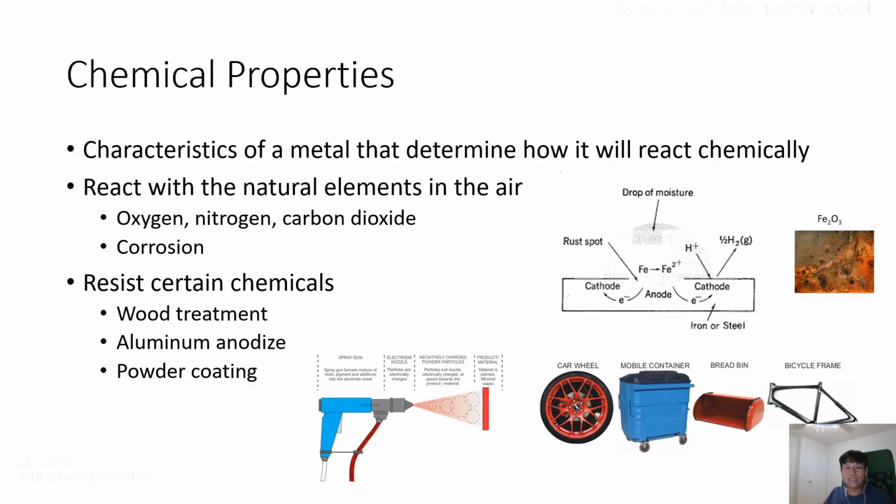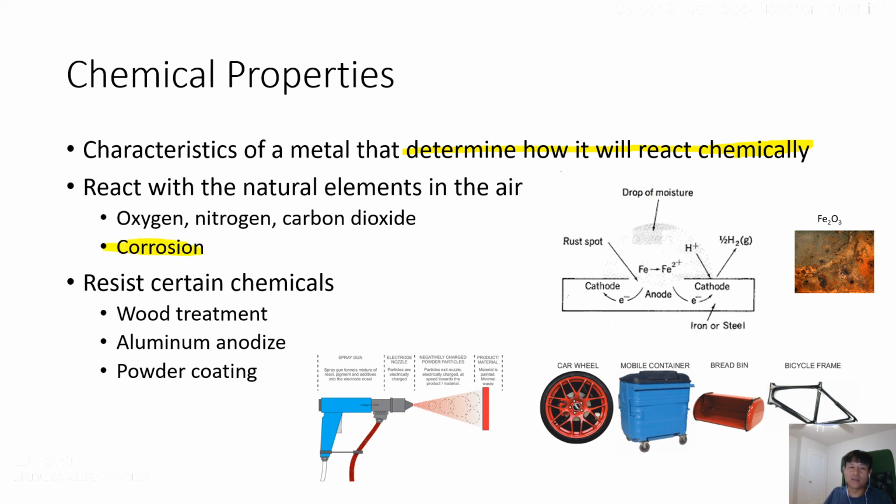And next is chemical properties. Chemical properties means characteristics of metal that determine how it will react chemically. This is a very interesting learning topic. It is also related to corrosion.